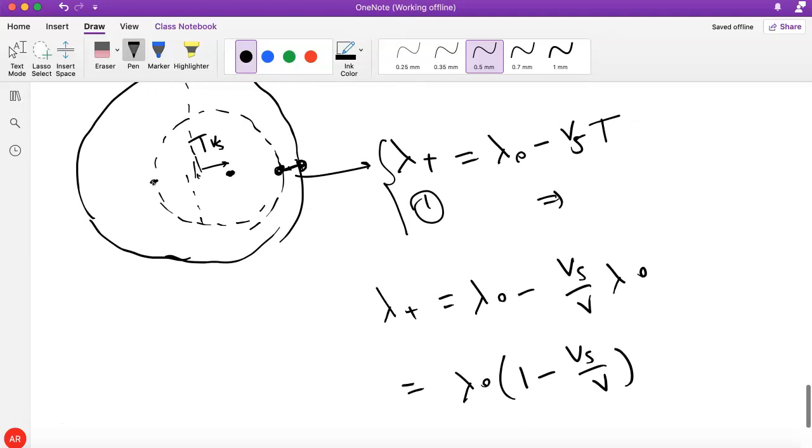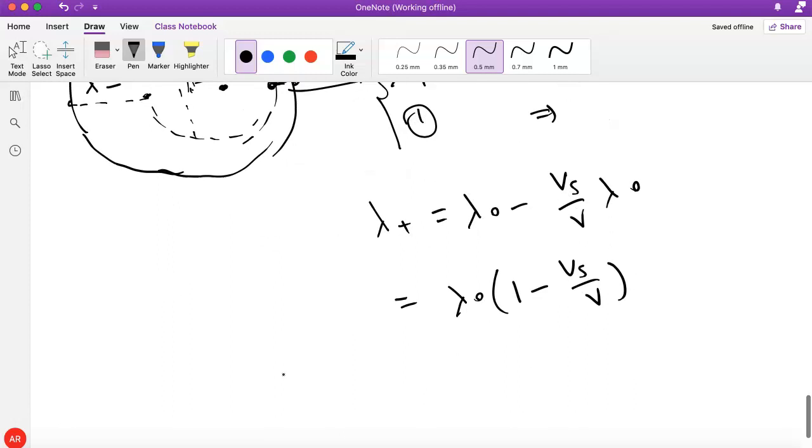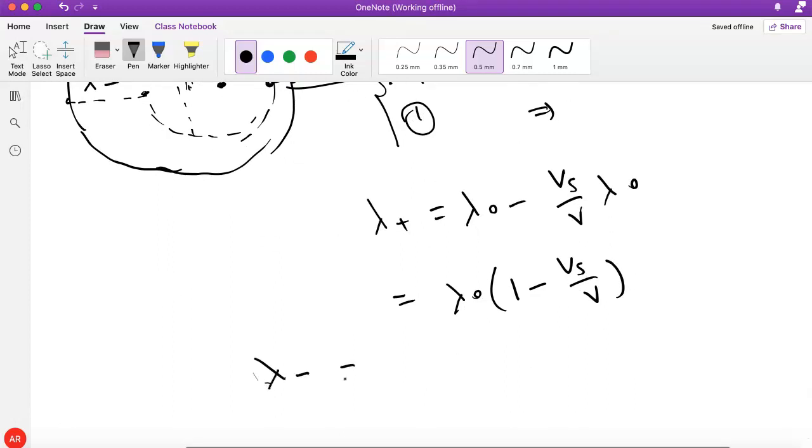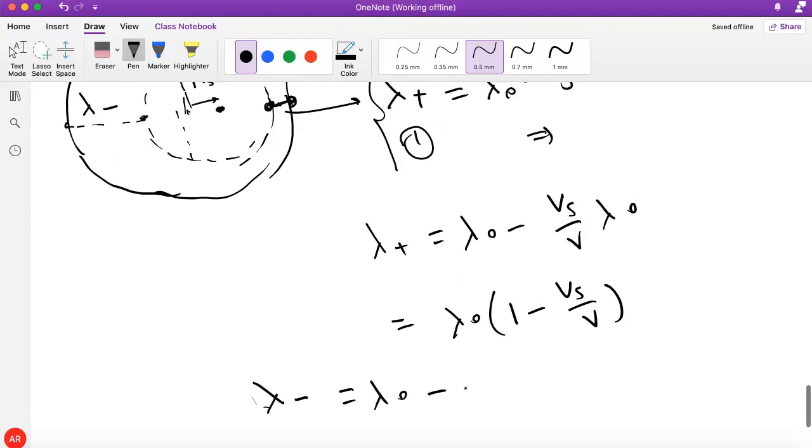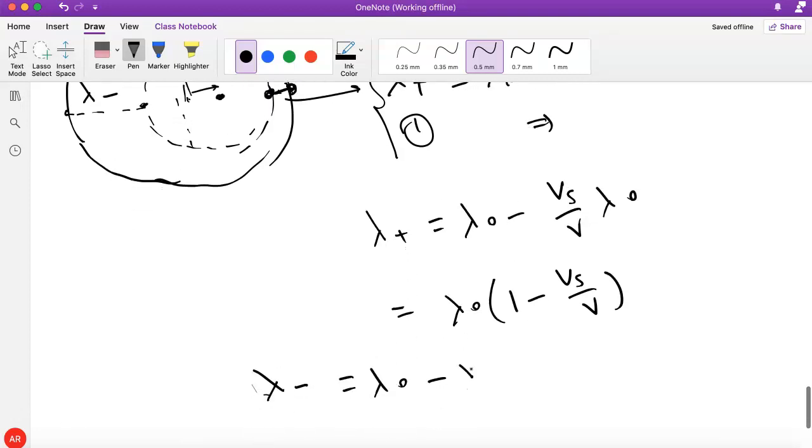Similarly, over here, an observer or listener standing behind, so the source is moving away from him, perceives a longer wavelength, lambda minus, which is given by lambda naught minus how much the source has moved, Vs times t, plus, right?